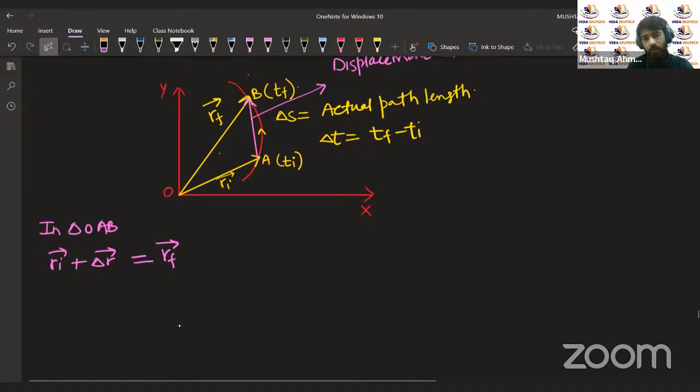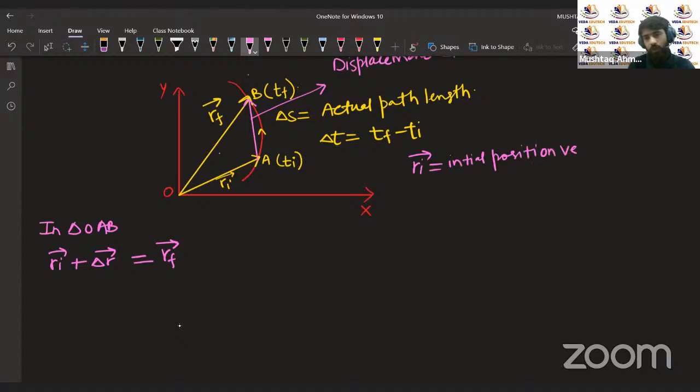So Ri vector is the initial position vector, and Rf vector is equal to the final position vector.